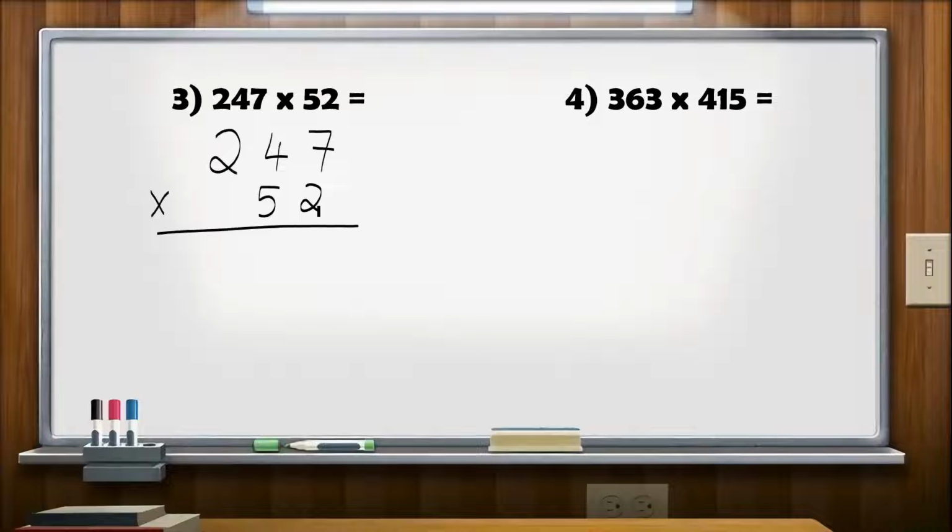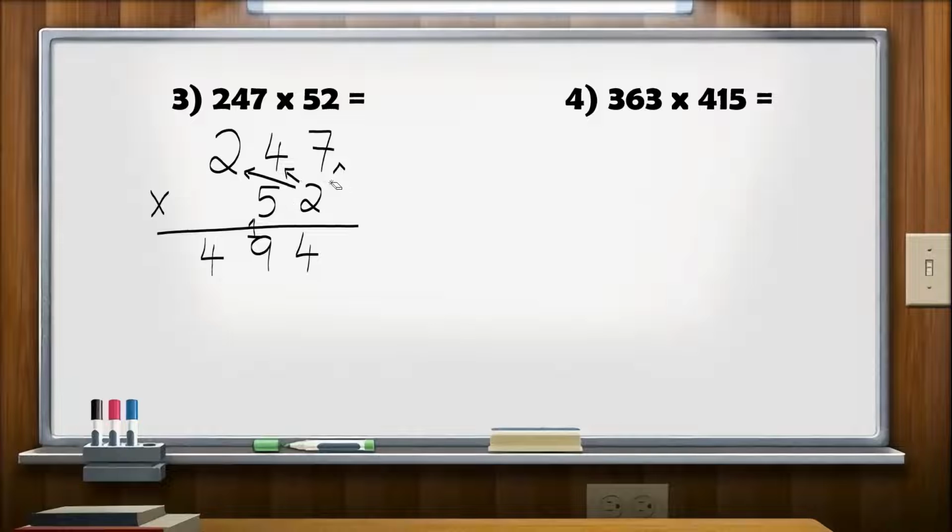Okay, so the concept, however, still stays the same. I'm going to multiply 2 with 7. That gives me 14. I'll carry over the 1. The 2 with the 4, add the 1. So 2 times 4 is 8, add 1 is 9. And then the 2 times 2 gives me 4.